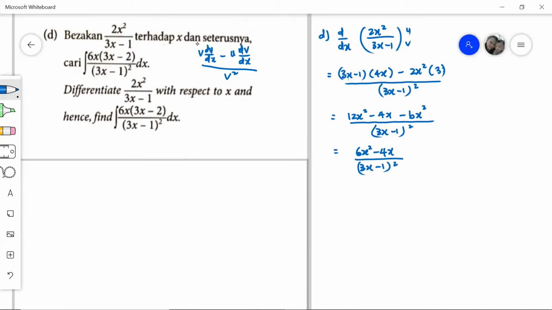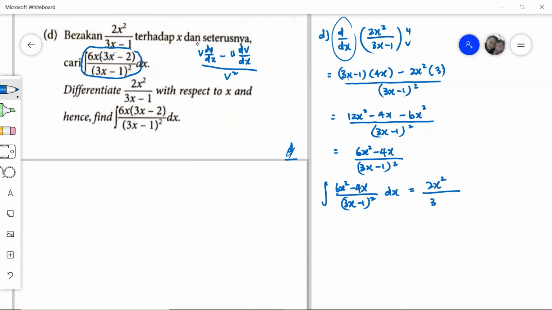And next, we have to find the integration of this. From the information given, we have the differentiation equation, but we have to use the integration. So if I reverse, I bring this to the other side.